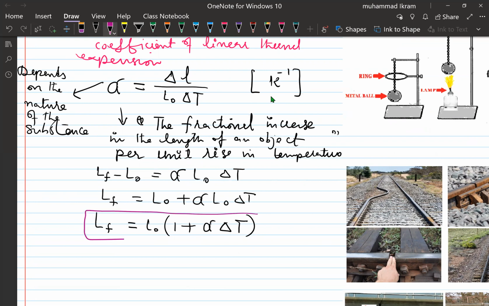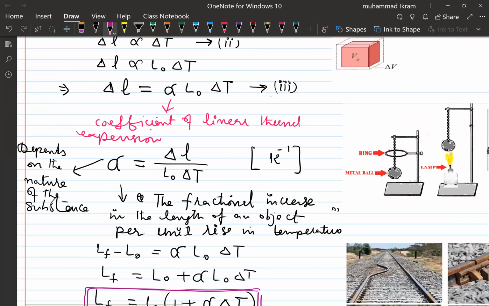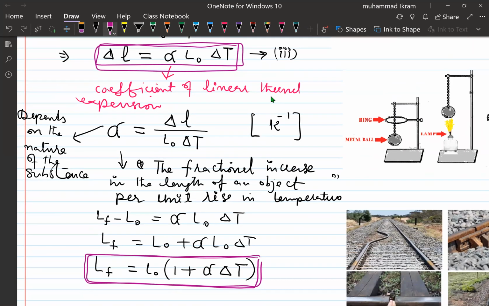This equation is for the final length, for the change in length you have only this equation, and for finding the coefficient of linear thermal expansion, you have this equation.